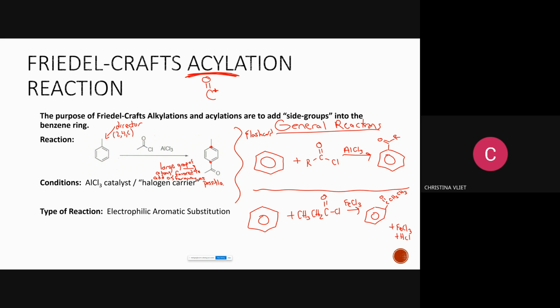You should write that down because it helps with understanding why they put the answer like they did. Once again, I wrote here, large groups of atoms are favored to add as far away as possible. So if it had the options to add at 2, 4, or 6, 4 would be the best one to add to. You'll still get some at 2 or 6, but 4 would be the best.